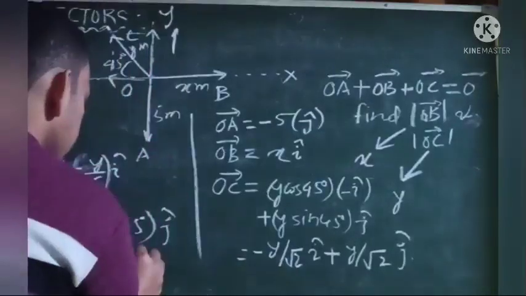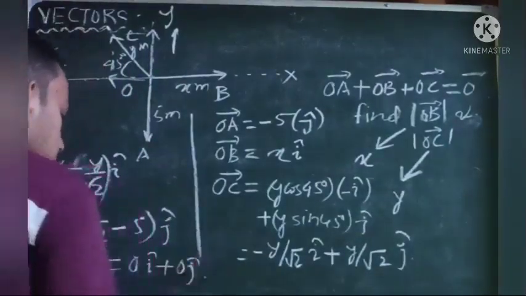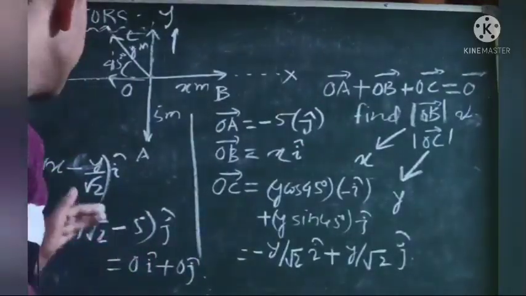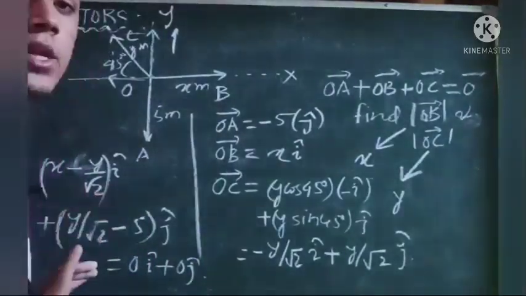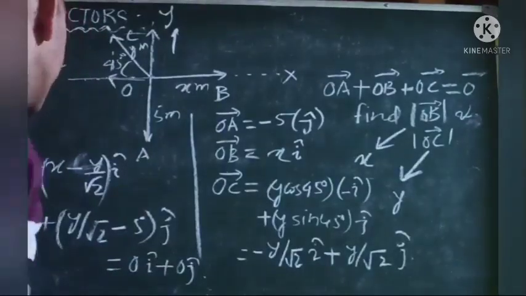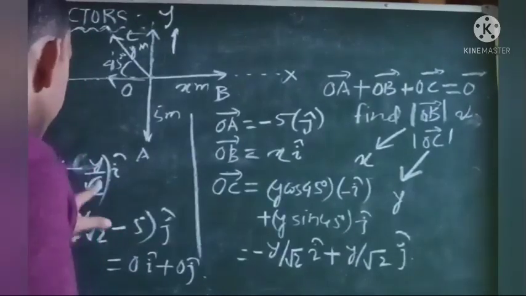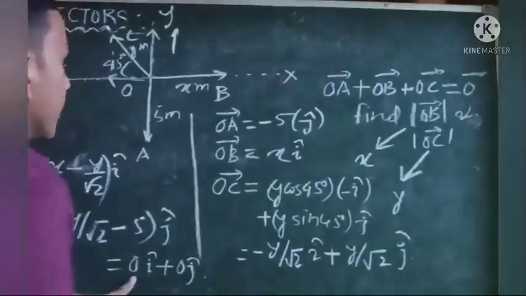We can write 0 vector as 0 I cap plus 0 j cap. Now we have learned from equality of two vectors that two vectors are equal when their x components, y components and z components are equal. Therefore, we can equate the I cap terms. That means x minus y upon root 2 is going to be 0.